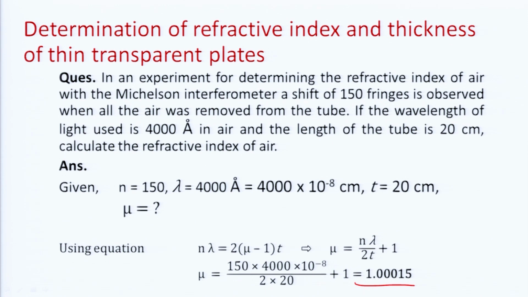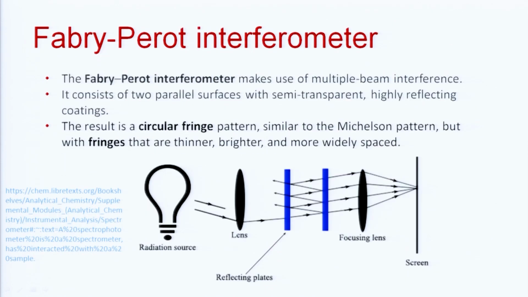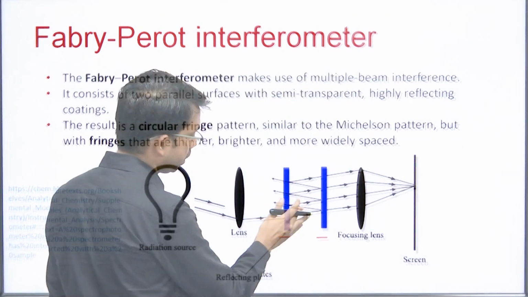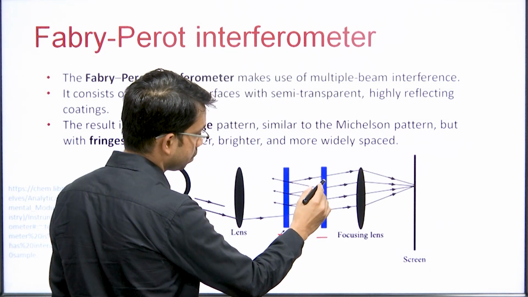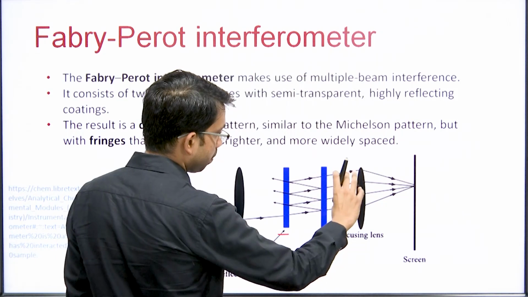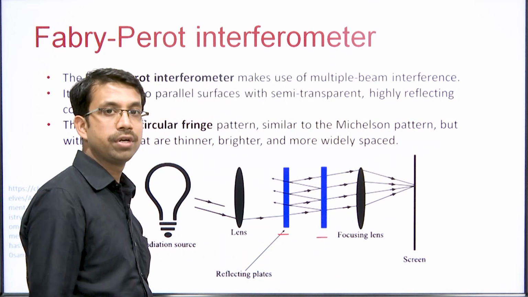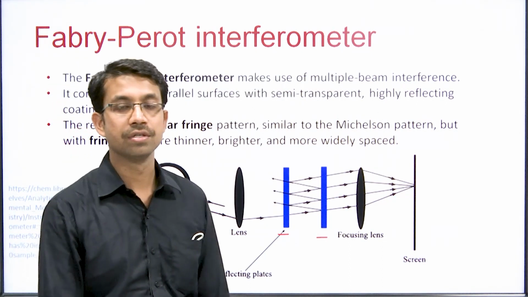So, moving forward, let us discuss Fabry-Perot interferometer. This is the construction of Fabry-Perot interferometer. In Fabry-Perot interferometer, there are two semi-reflecting glass plates separated by a very small distance. So, what happens when a monochromatic light ray comes? It goes through multiple reflections like this, and then the multiple reflected rays are focused on a single point on the screen using a lens.